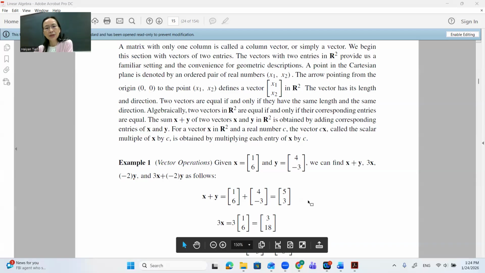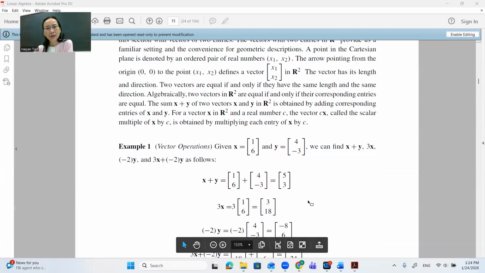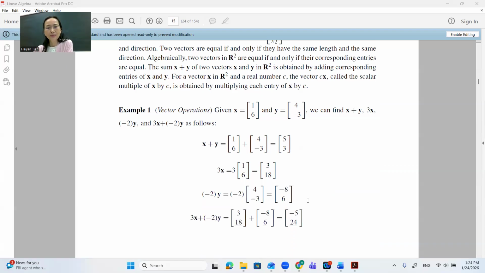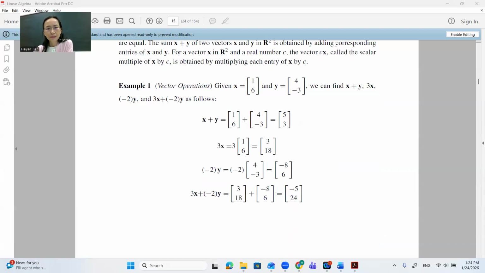Okay, so these two very simple operations, just the sum and scalar multiple. With these two operations defined, let's try a few vectors in R2. For example, what is 3x plus negative 2y? So this operation is simply to find a scalar multiple of x, right? The scalar is 3, so 3 is the constant. This multiple of vector x, and another multiple of y. y is a given vector.